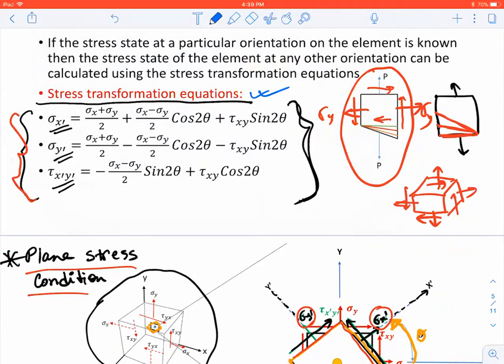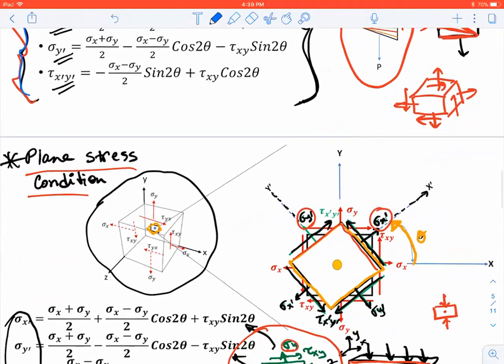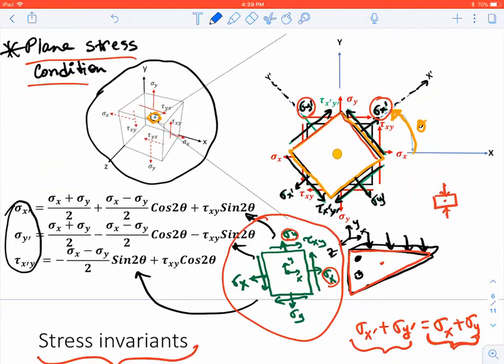We talked about it last class, where theta is the angle of rotation. If theta goes counterclockwise from x to x prime, then it's a positive theta. And if you know that angle theta, and if you know the stresses in the x, y direction, this is always the plane stress condition that we are looking at. What does plane stress condition mean?